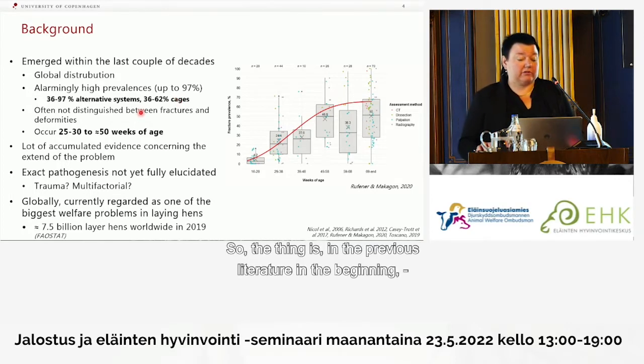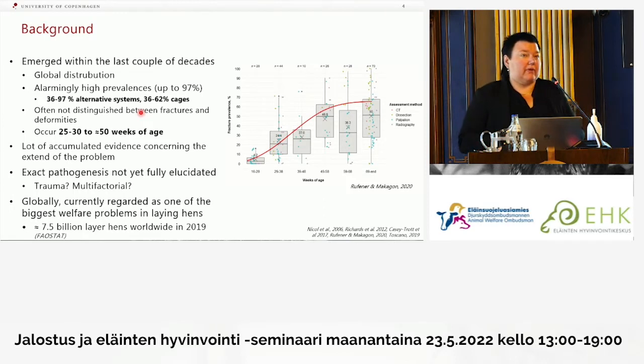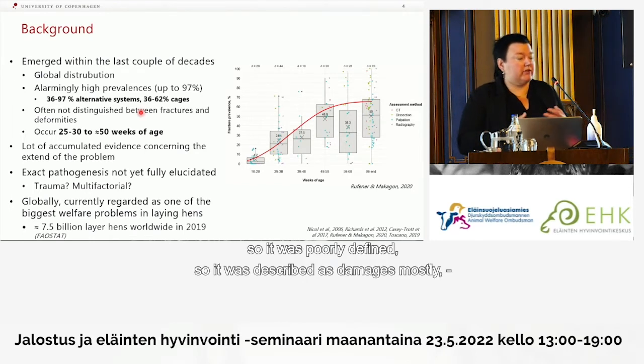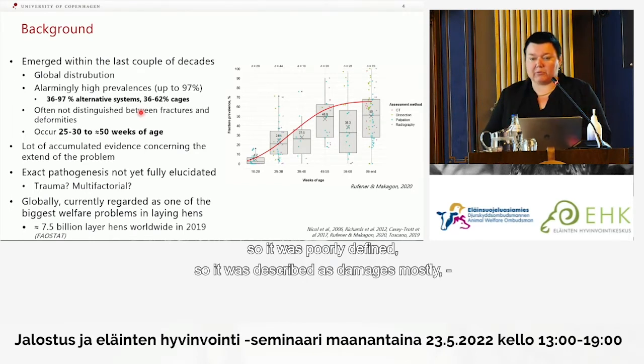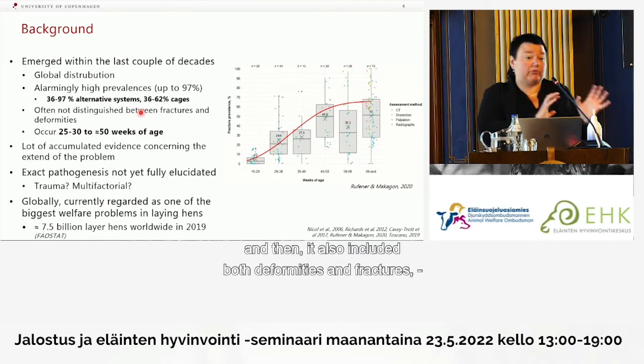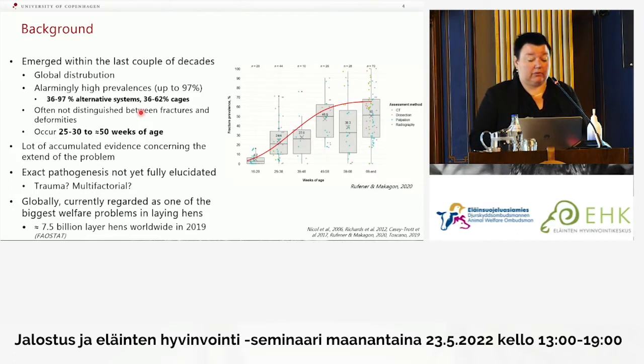In the previous literature, in the beginning, it was like a coincidental finding. It was poorly defined, described as damages, and it included both deformities and fractures, and I will get back to that later on.